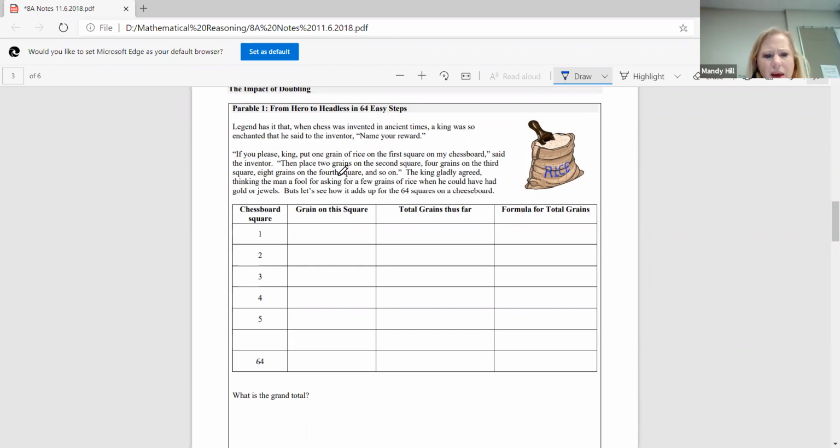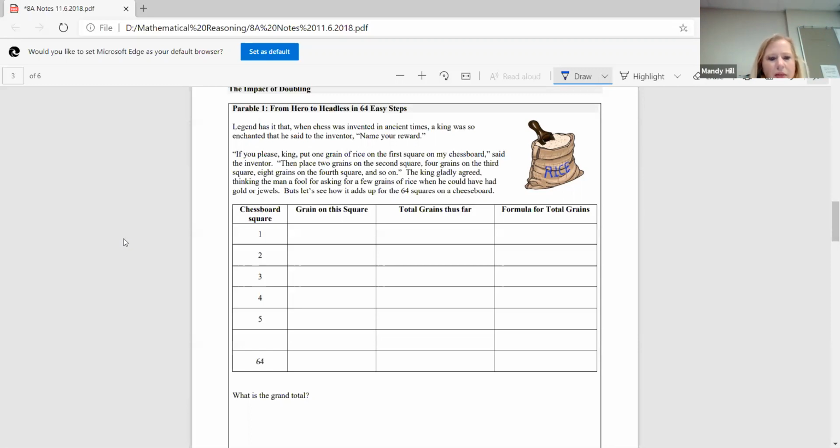"So, if you please, king, put 1 grain of rice on the first square of my chessboard," said the inventor, "then place 2 grains on the second square, 4 grains on the third square, 8 grains on the fourth square, and so on." So what's happening? We're doubling. 8 times 2 would give us 16 on the fourth square.